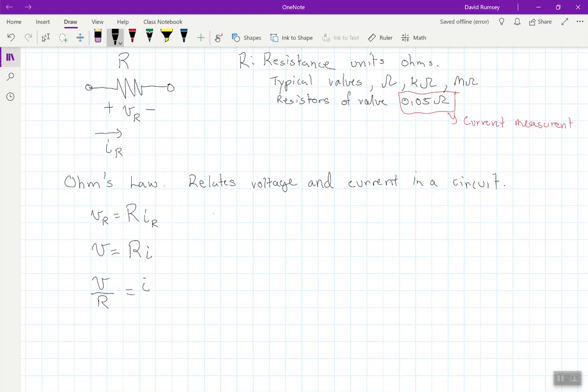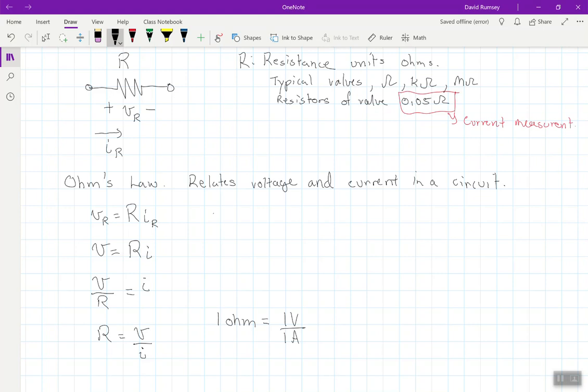So there are lots of ways you can rewrite this, and in fact you could also rewrite it as, if you divide both sides by I, you get that R is equal to voltage over current, which is actually interesting because we can then see that 1 ohm is equal to 1 volt divided by 1 amp.